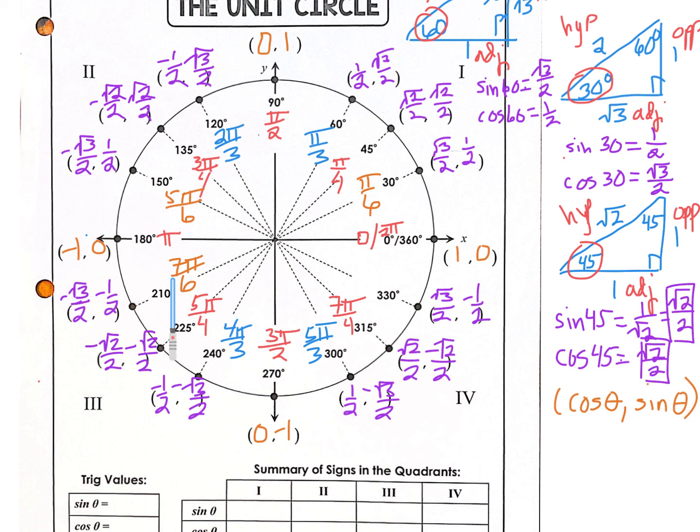So from 7/6, this is 8/6, 9/6, 10/6, 11/6. That's the last one that needs to be filled in. 11 pi over 6, because that brings us to 12/6, which is 2 pi.